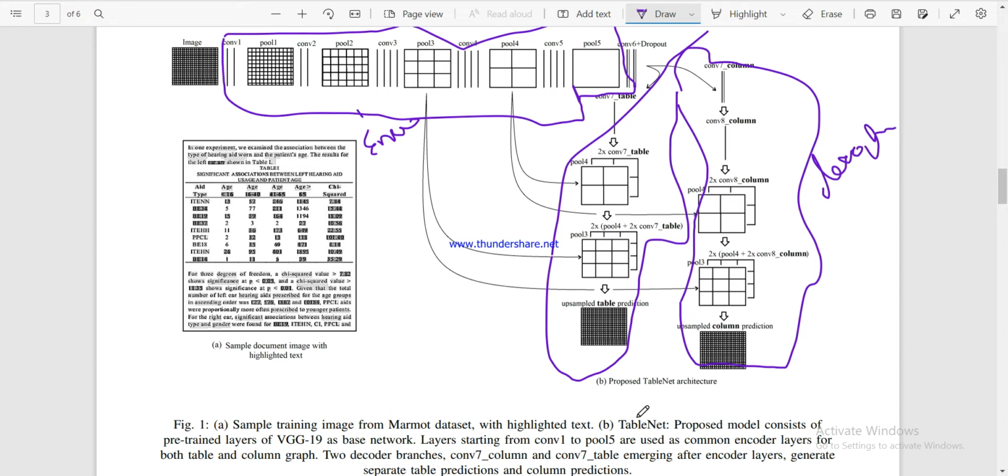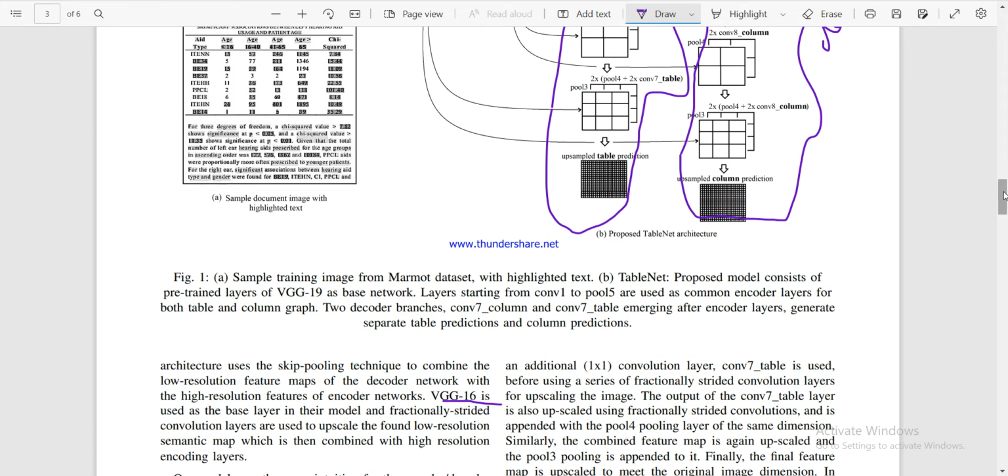So two decoder branches, convolution 7 column and convolution 7 table, emerging after the encoding layers, generate separate table prediction and column prediction. So these are two different predictions.